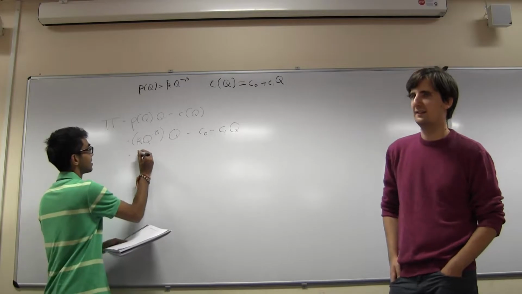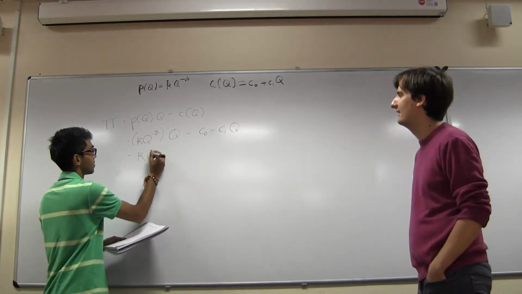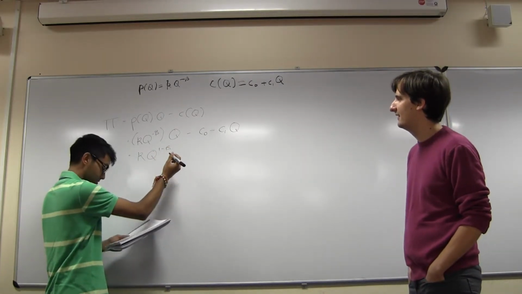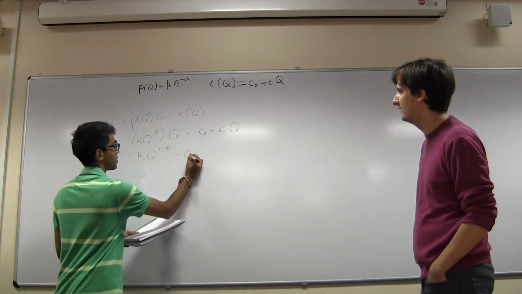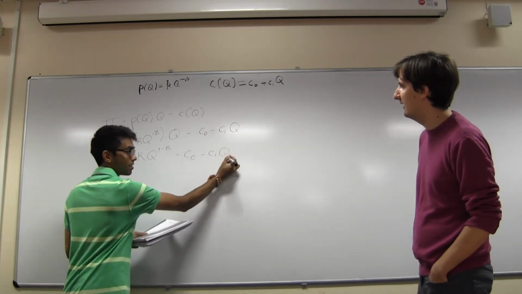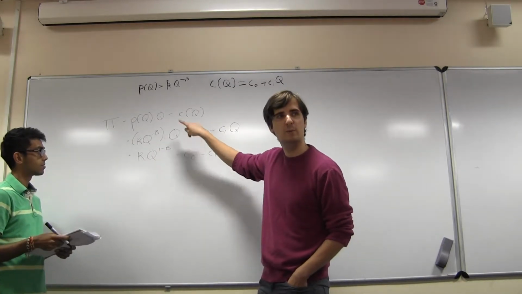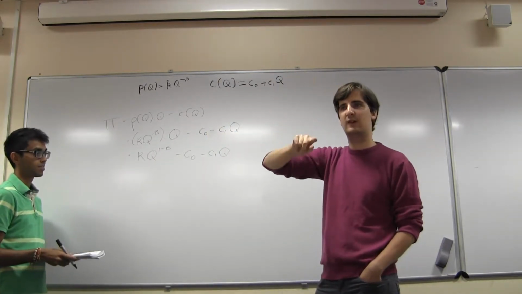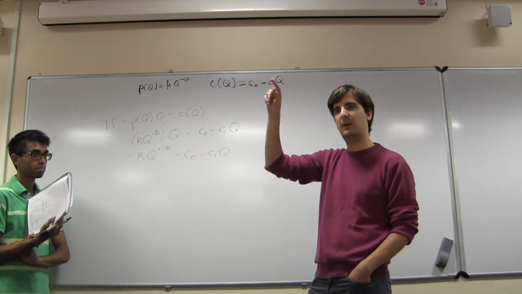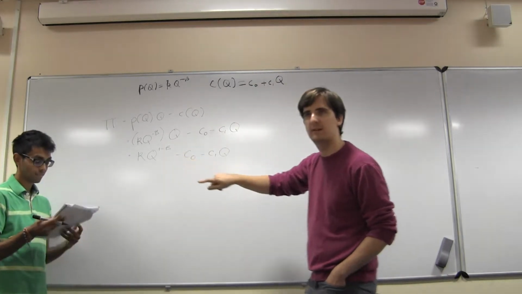And when you have Q to the power of a times Q to the power of b, that's like Q to the power of a plus b. So this is Q to the power of 1 minus beta.